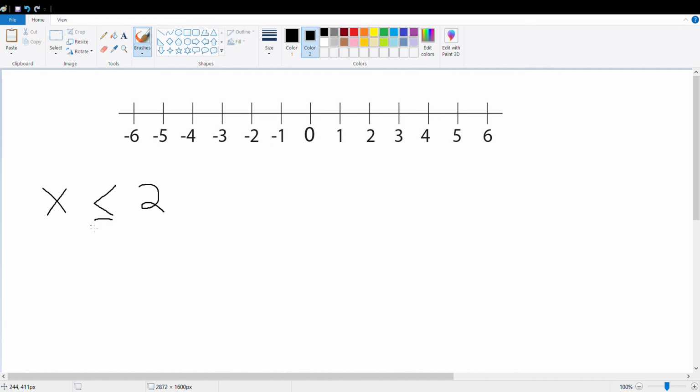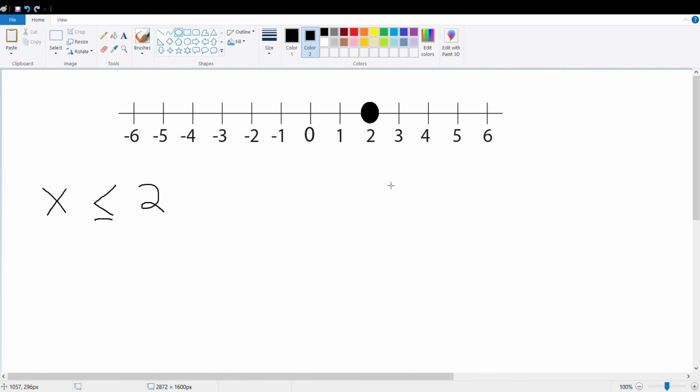To graph this on our page, we would go to our number 2 spot, because for this to be true, it's going to be all the numbers to the left of the number 2 because it's less than, but since it's less than or equal to, we're also going to include the number 2 itself.